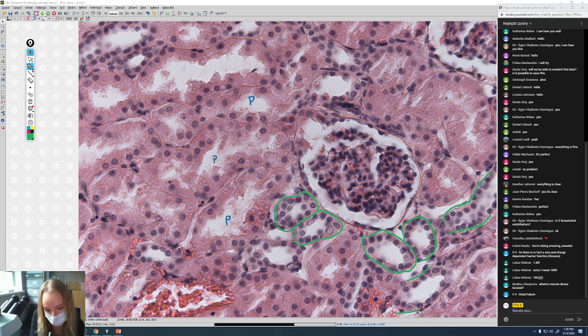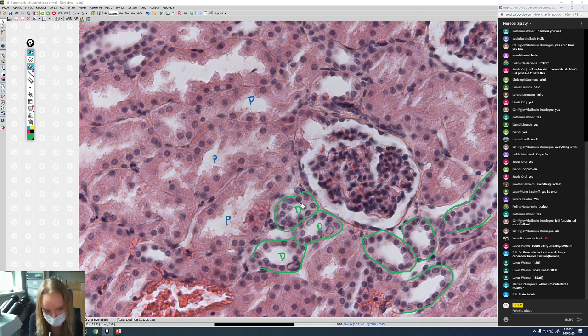So these are the distal tubules, and you can already see some differences. If you know how to distinguish the proximal tubule and you now look for the distal tubule, you can see some differences. Of course, these cells of the distal tubule are smaller.